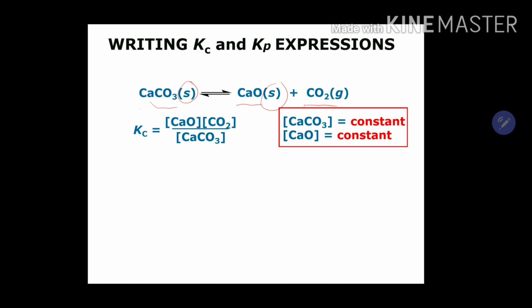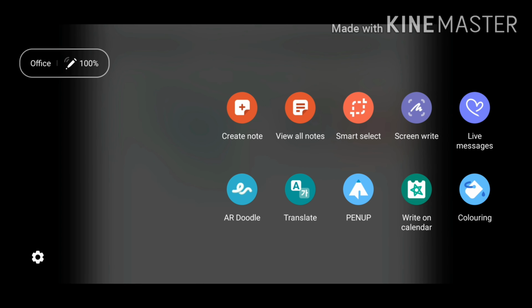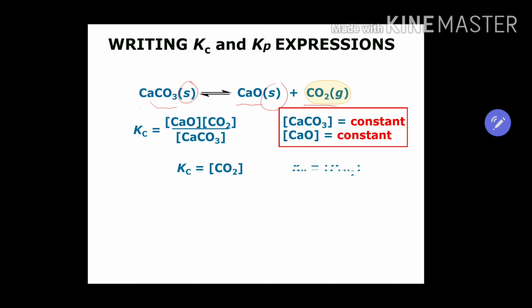So, we can rewrite this equation as Kc equals the concentration of CO2, and Kp equals the partial pressure of CO2.